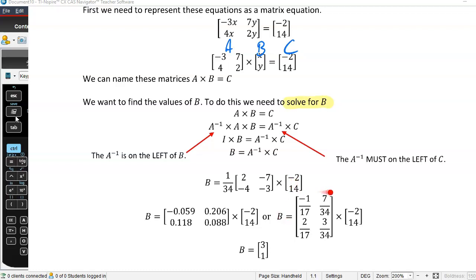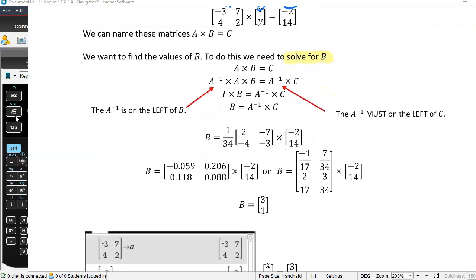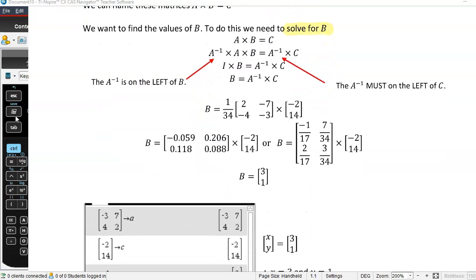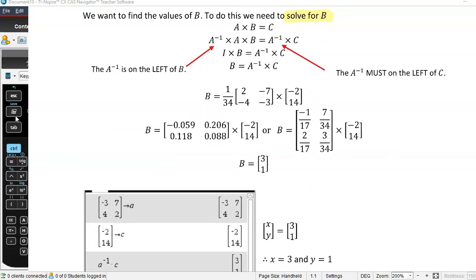Okay, and there I've worked it all out. So I times it all together to get my B. All right, so that means that then x is equal to 3 and y is equal to 1.